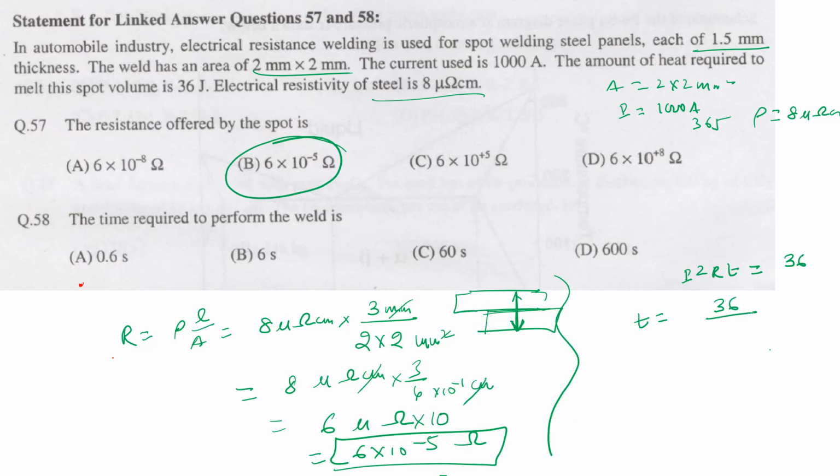So 36 divided by I square R, so 1000 squared into R. R we have got as 6 into 10 power minus 5.